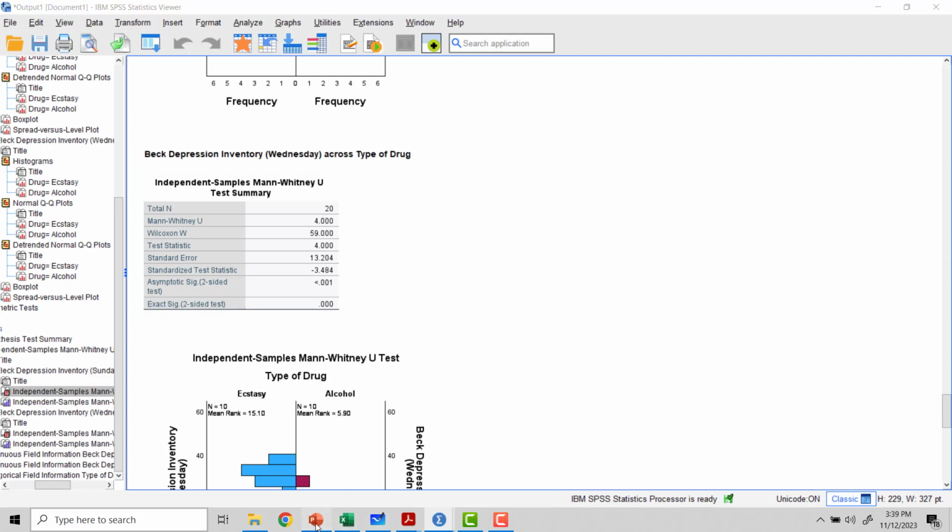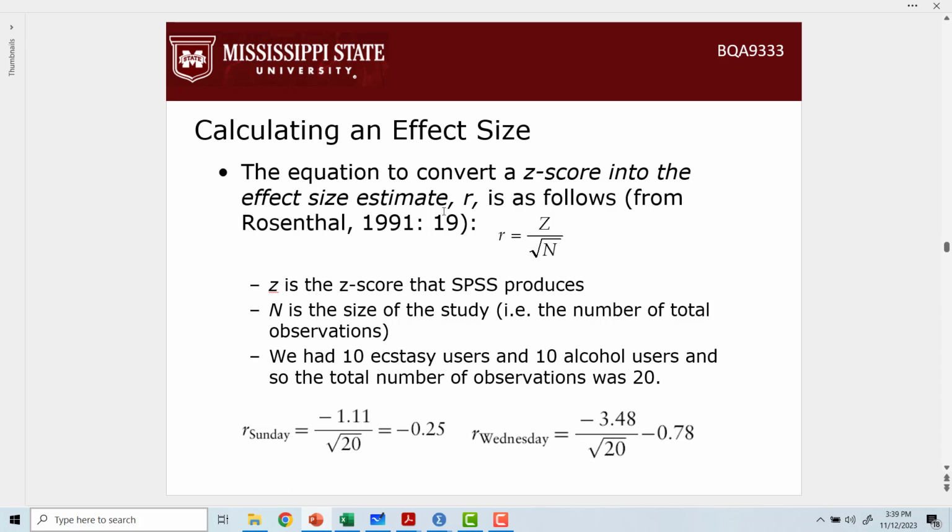Just one more thing, I have a slide. We've got this z-score, and we can actually get an effect size, because the relationship between an effect size and the z-score is generally the magnitude of root n. It's not particularly rigorous, but this is an estimate of an effect size.